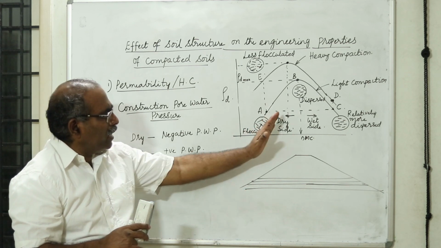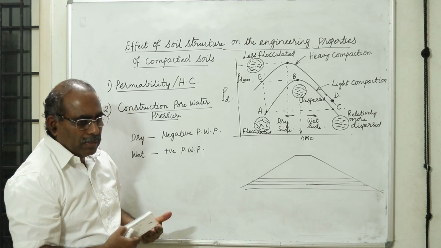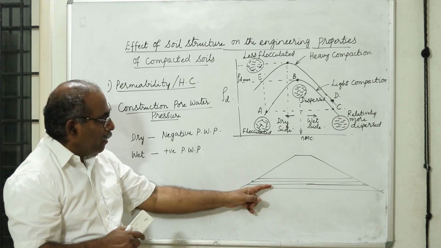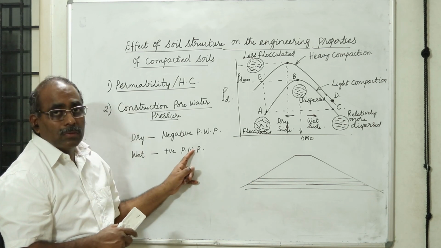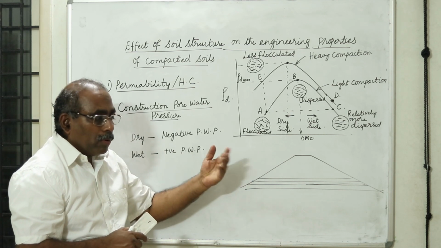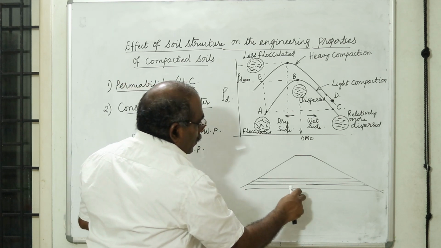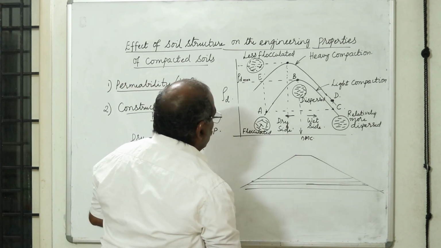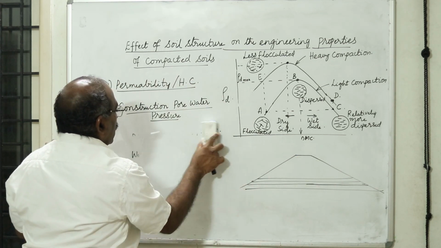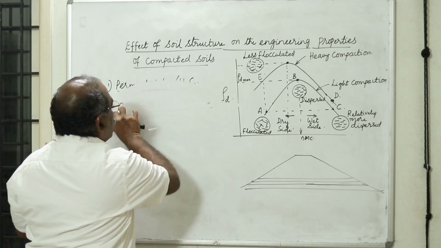Usually we try to keep slightly wet of optimum when we are compacting, because it becomes easy for compacting. Then the positive pore water pressures that are created want to dissipate. It tries to squeeze out, and then it leads to the failure of the dam. Later they understood how to overcome this kind of problem.